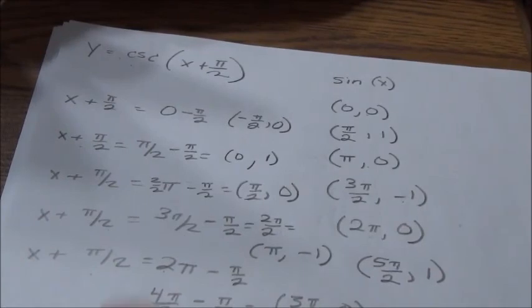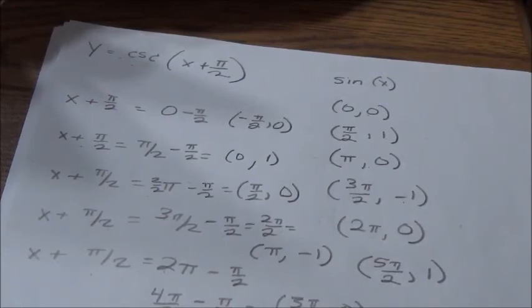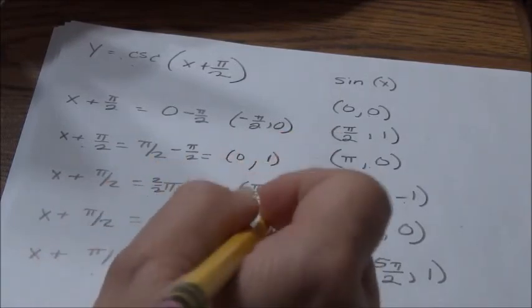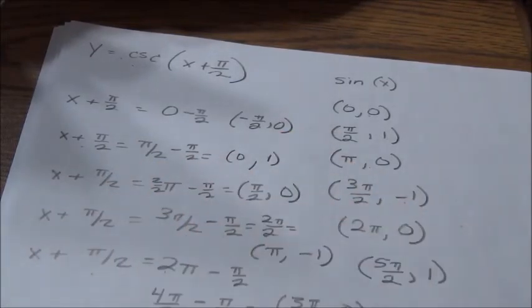But I'm starting off here at negative pi over 2, 0, if I can happen to plot that point. Otherwise, 0 is up to 1. Then when I have positive pi over 2, I'm going to be at 0 again. Pi, I'm going to be at -1. 3 pi over 2, I'm going to be at 0 again.